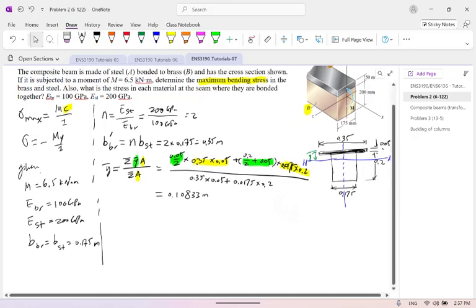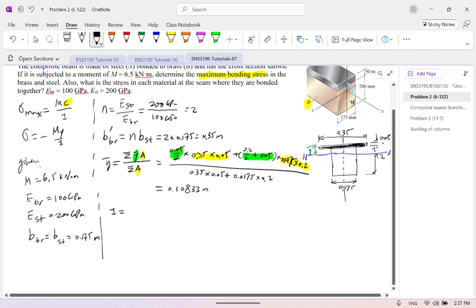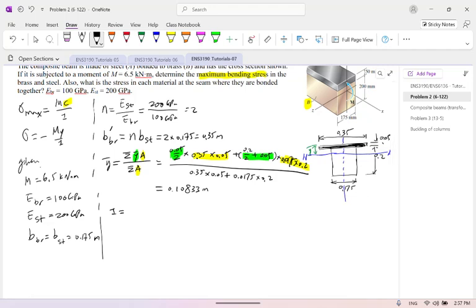Of course, in the same way we can work on the I. Again, there are two parts: one is the top rectangle, and the other is the bottom rectangle. But for anything, we must use the parallel axis theorem. Remember I is equal to the summation of I_C plus A d squared.